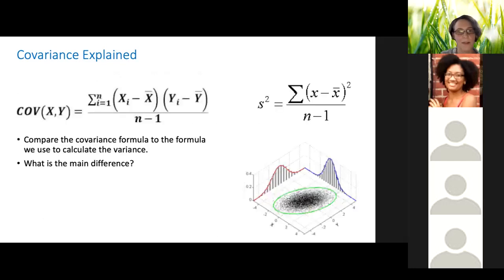All right, and this is just to make that clear for yourself: the only difference between the formula of the variance and the formula for the covariance is that we are replacing x_i minus x bar with y_i minus y bar. So that means that rather than variance, we have covariance.